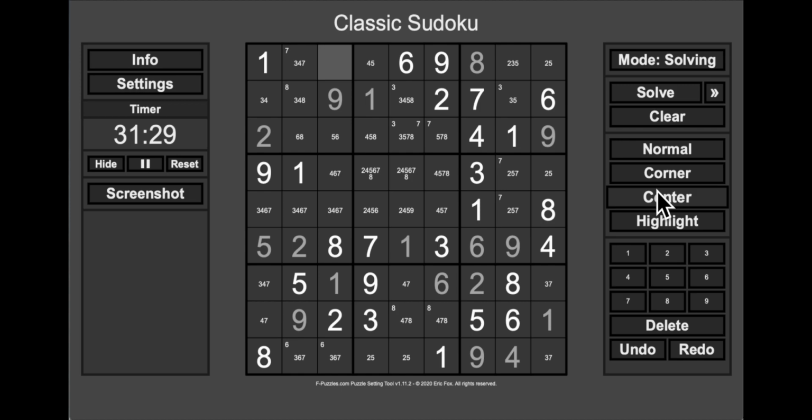Turns into 5 or 7. We've got 2 5s here and 3 7s here.